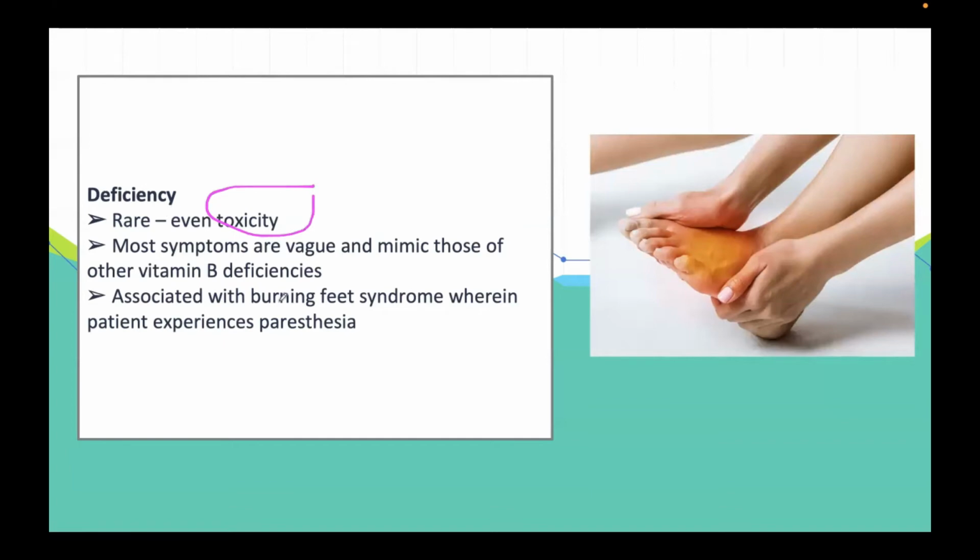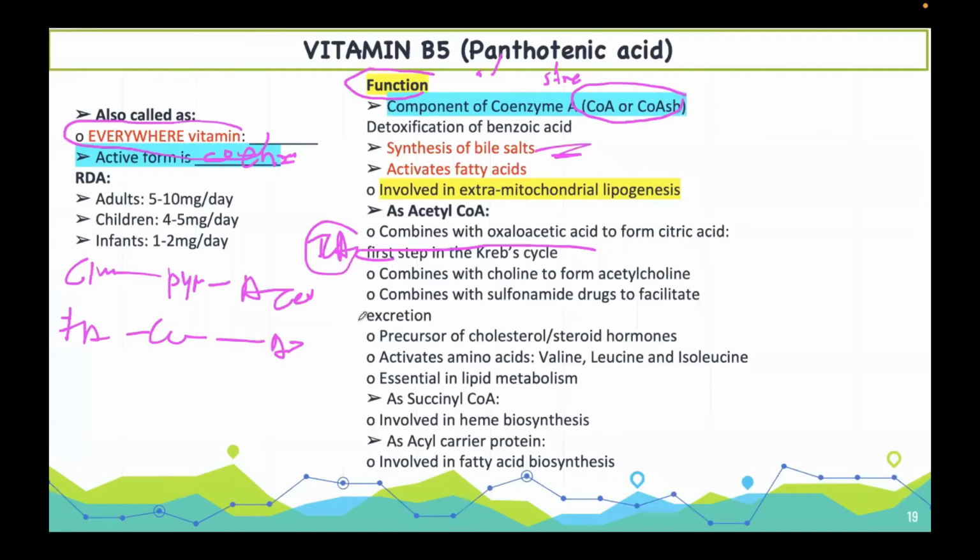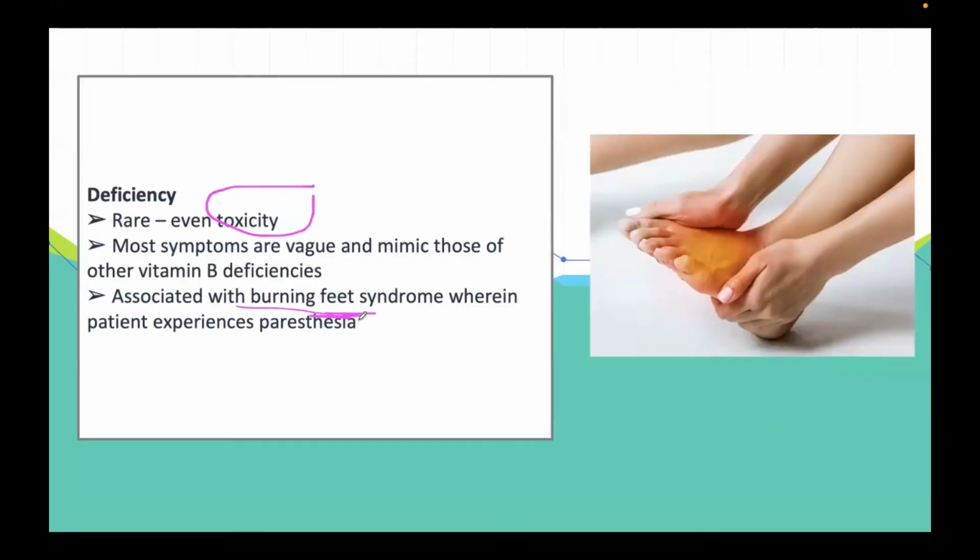It is associated with burning feet syndrome, wherein the patient experiences paresthesia. So there are no specific signs and symptoms that say you are experiencing vitamin B5 deficiency, because most likely the symptoms are the same as with other vitamin B complex. That is why it is called a complex, right? Different kinds of vitamin B.